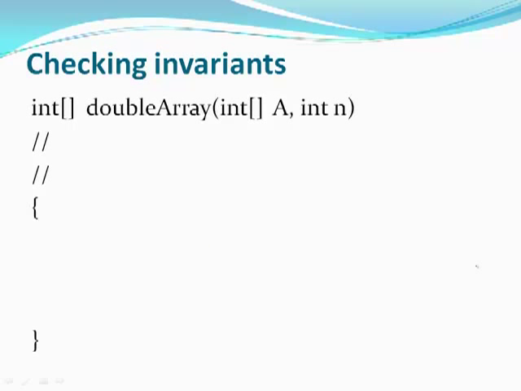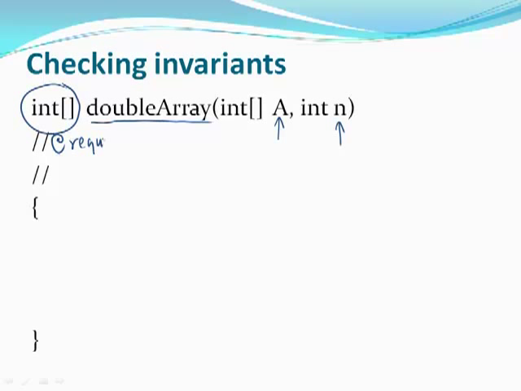Now let's think about something like a function that we want to write using an array. Let's say that you're given an array called A of size n, and we'd like to write a function called double the array. We must copy all the elements in the old array into the new array, and then we have to return an array of integers back to the calling program. So let's write some preconditions.